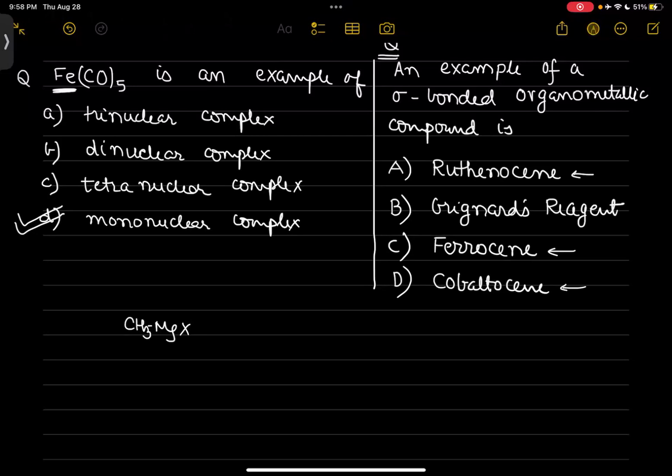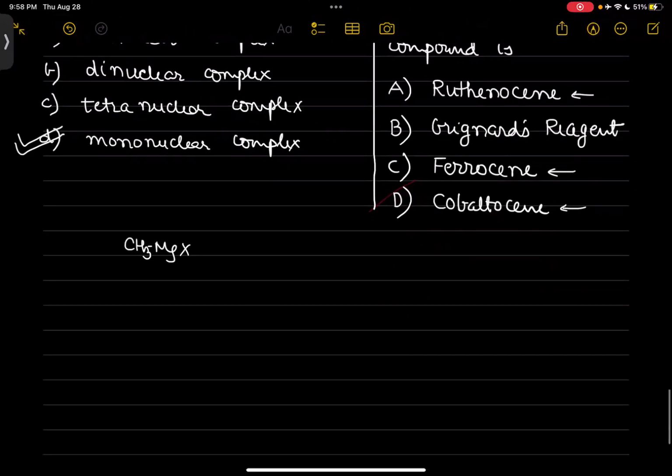Got it? So, what's the structure of ferrocene? Yogita, any idea? This answer is correct. Your answer is Grignard reagent. This is the sigma bonded. Is it clear? So you have a sigma bond between the carbon and the metal. Right. So what I'm asking is, what is ferrocene?